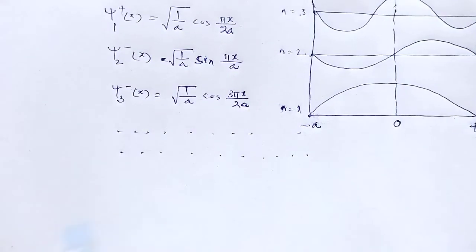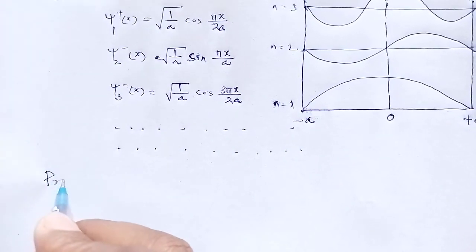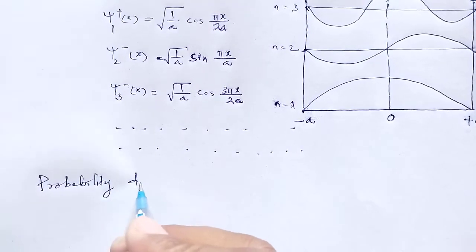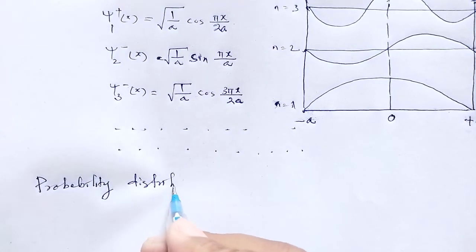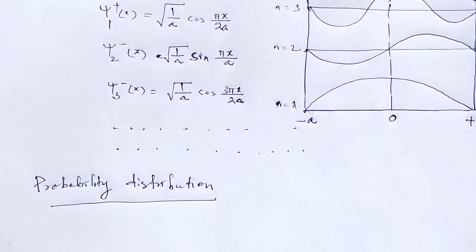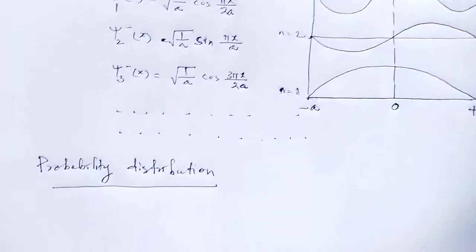Now the probability distribution. Probability distribution means what should be the probability of finding that particle inside that box.